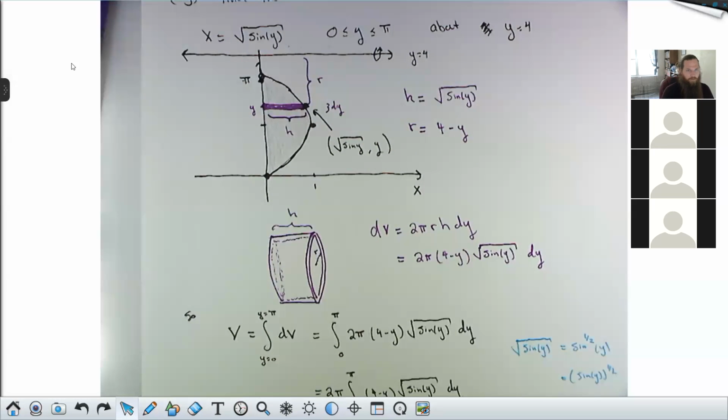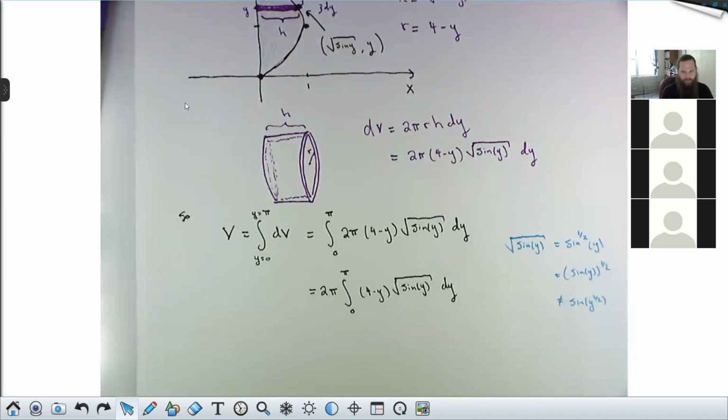If you solve this for y, you get the inverse sine of x squared. Certainly that's not any easier to work with. And then we would also have to change our method, which would be quite tricky because this is not a one-to-one curve when we think of it as a function of x.